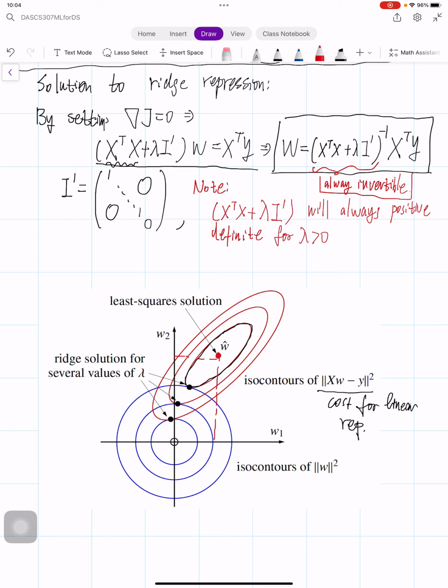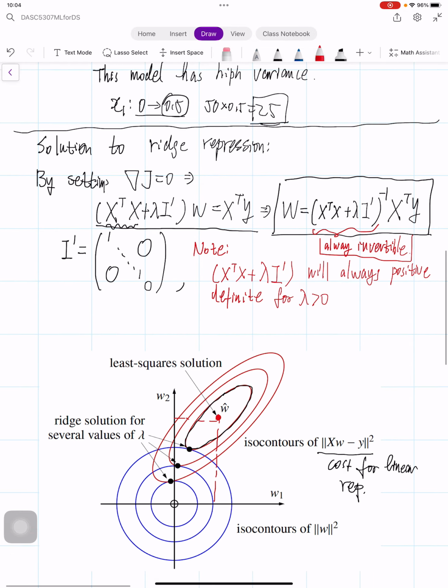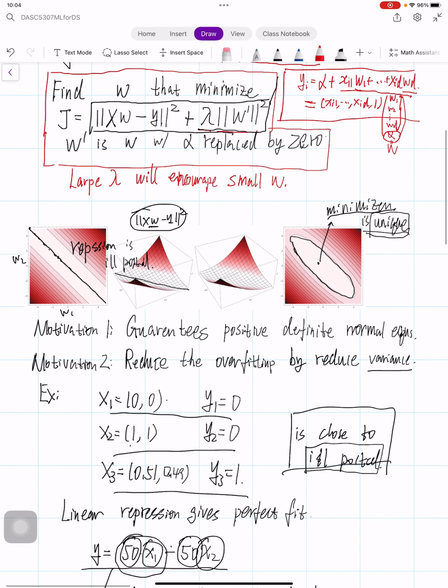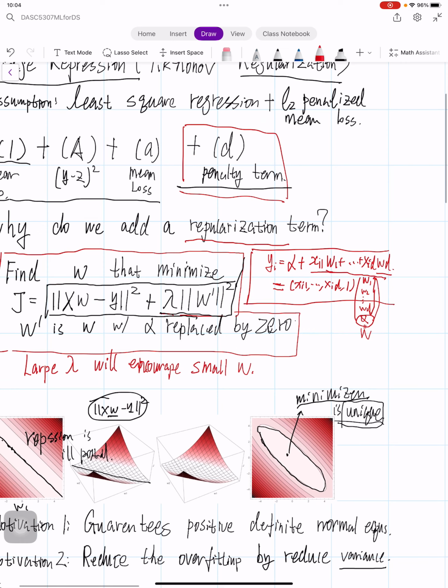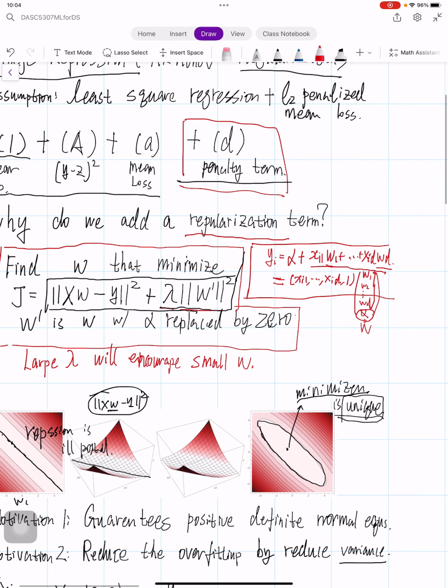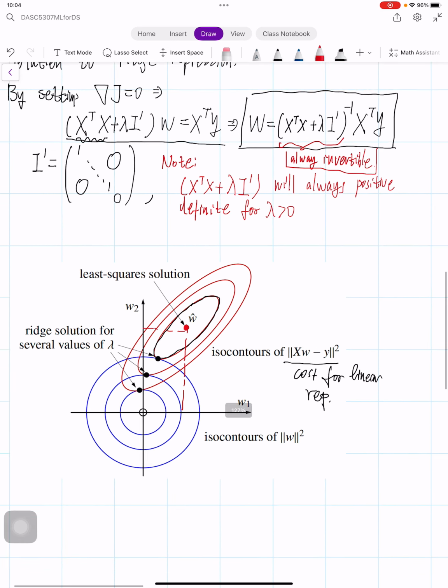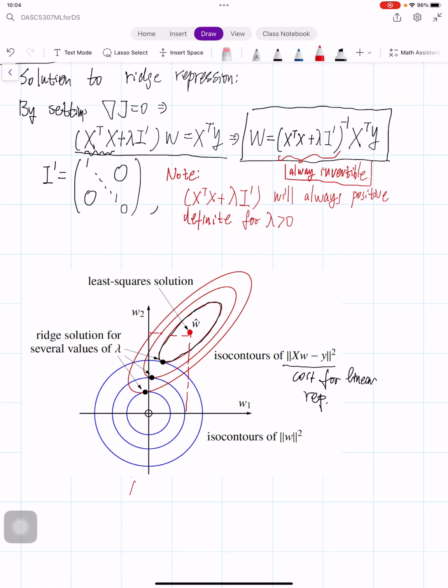And the second term, the penalization, is lambda times the norm of w squared, equal to a constant c. This is drawn as a circle.